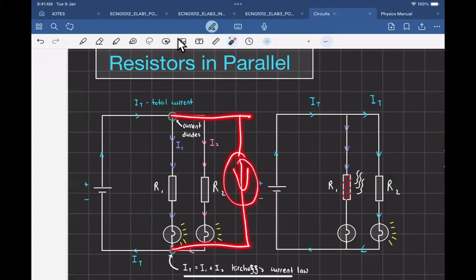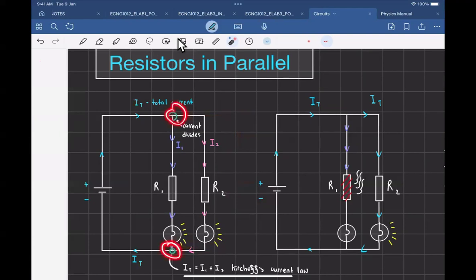Don't worry about the current; we don't care about the current. We're looking at the potential difference. When I put the voltmeter and measure the difference from here to here, wouldn't the difference from here to here also be the same? Oh yeah, because in parallel it's the same. Okay, it makes sense.